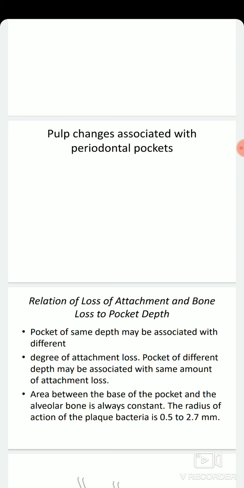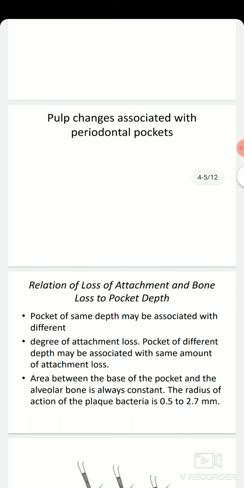This involvement occurs through either apical foramina, lateral foramina, or pulp canals after the infection reaches them. And the general changes associated with the pulp in periodontal pockets: atrophic changes and inflammatory changes are generally seen in a few cases.